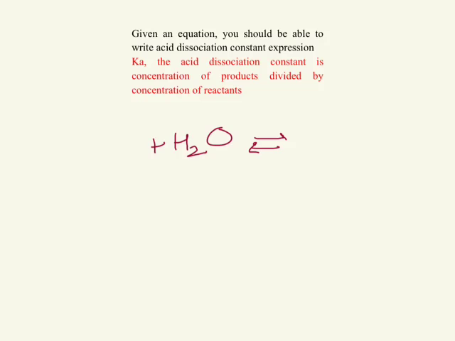I'm just going to take in general HA. A could be anything, but HA is an acid, and when dissolved in water, it's forming a conjugate acid and a conjugate base. Now, the equilibrium constant.